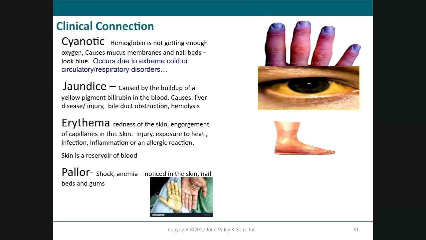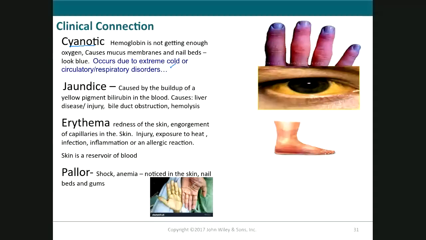Cyanosis, so that would be a bluish tinge, especially in the lips, in the gums, in the nail beds. And this can occur where hemoglobin is not getting enough oxygen. So we see this in possibly excessive cold, like the beginnings of someone being frostbitten, and in circulatory and respiratory disorders.